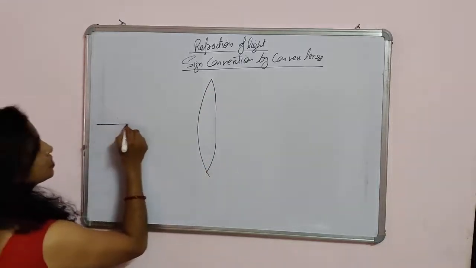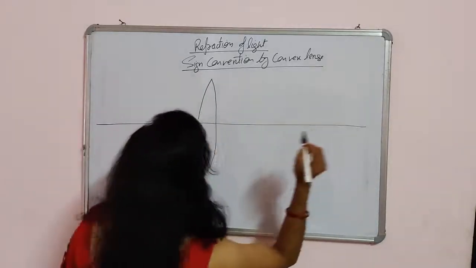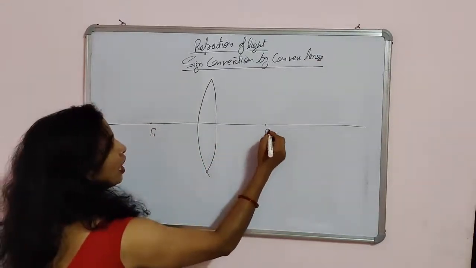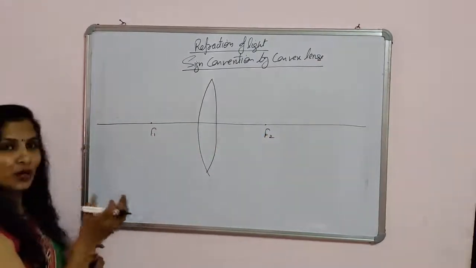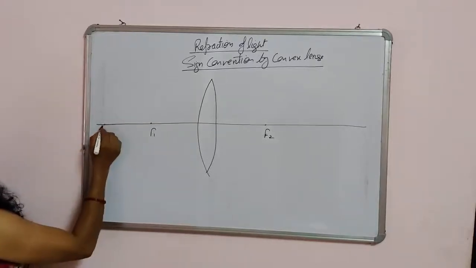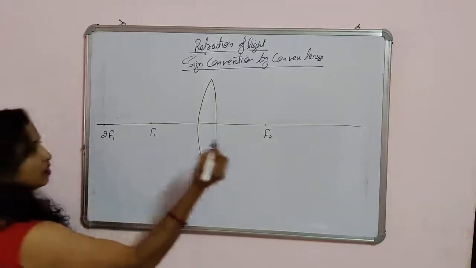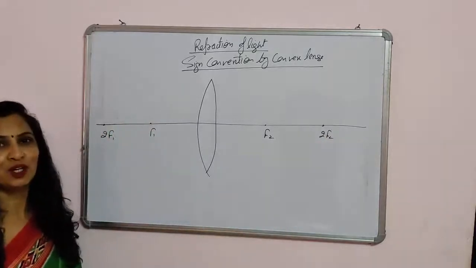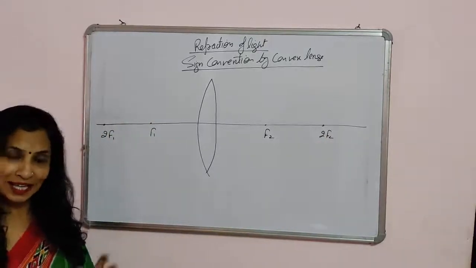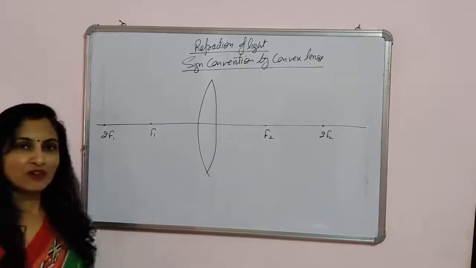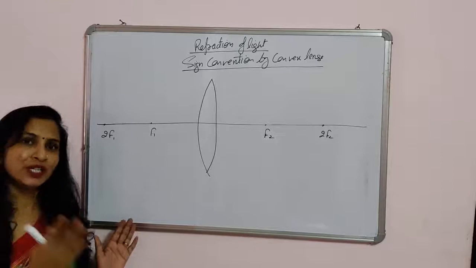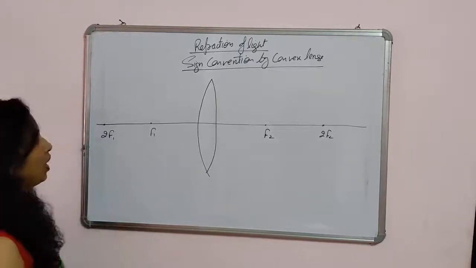And we know it has two focus points, one on either side, F1 and F2, and twice this distance is called 2F, 2F1 and 2F2. You can use a scale for making this lens, the axis and the distances. For an exact diagram, you can use a scale and compass.